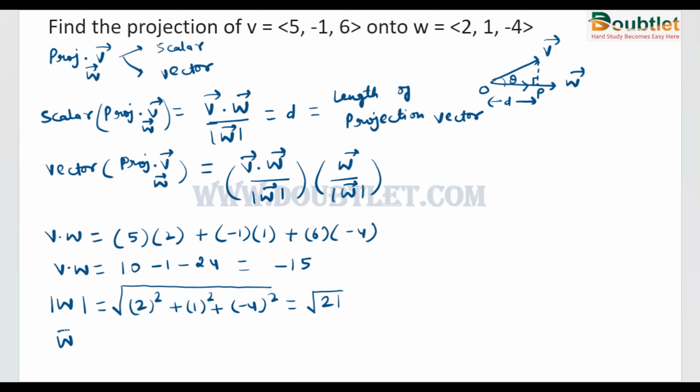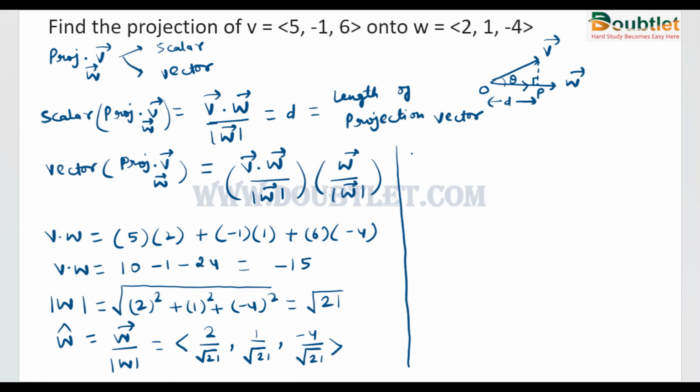And to find the unit vector of w, we have to divide the vector by its magnitude. So it will simply become 2 divided by root 21, 1 divided by root 21, and then minus 4 divided by root 21.